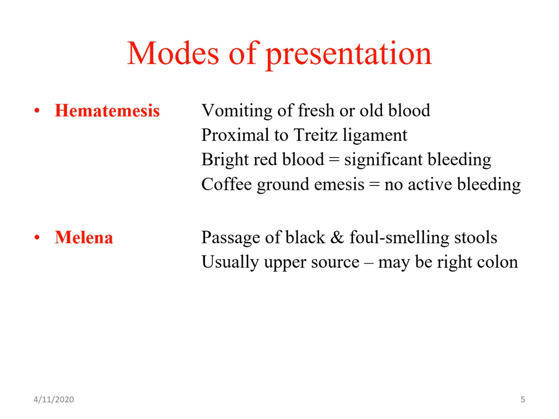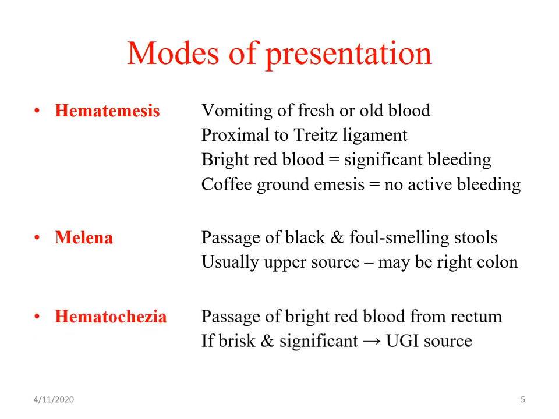Or the patient can present to us with melena, which is defined as the passage of black and foul smelling stool, and usually it comes from the upper part of the GIT. Or hematochezia, that means passing of fresh blood from the rectum.